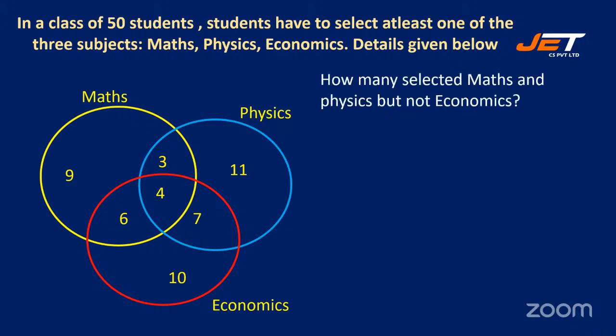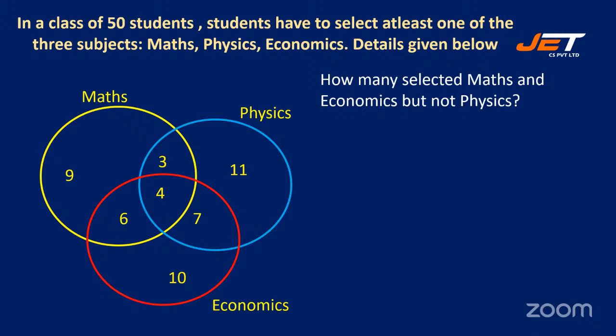All right? Yes. Now, how many selected maths and physics but not economics? So how many selected both maths and physics is 3. That's all. Right. Now, how many selected maths and economics but not physics?